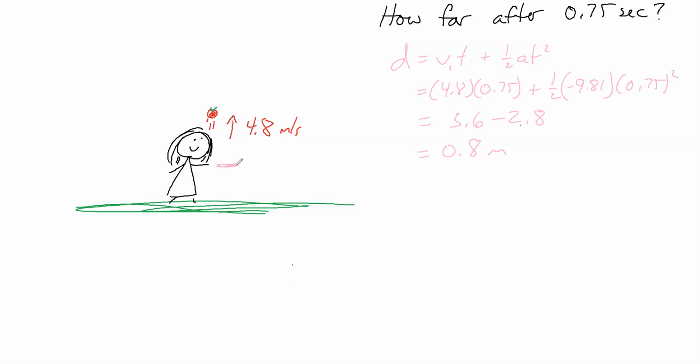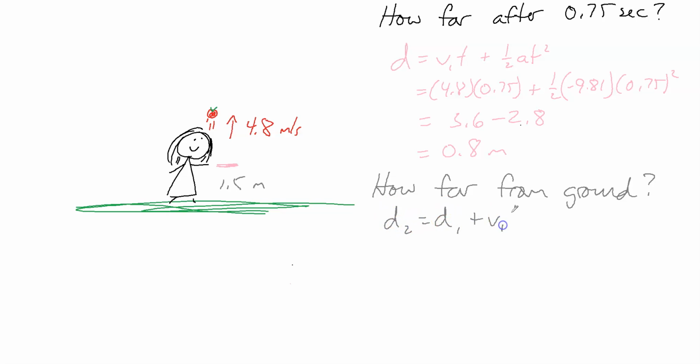If I change the question, and maybe I knew that her hand was 1.5 meters off the ground, and the question was how far from the ground, you could do the exact same thing, except some people would do D2 is equal to D1 plus V1t plus 1/2 AT squared, with the exact same calculation for this part, and that part right there would be the 1.5.